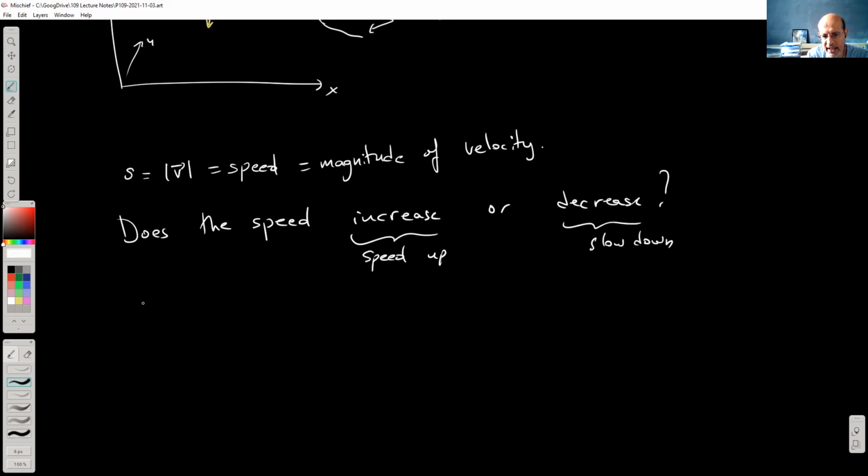In any case, there's this kind of a thing here. It appears that if the angle between the velocity and the acceleration is less than 90 degrees, I'll show this later, then the speed increases, so the object speeds up in a way. On the other hand, if the angle between them is bigger than 90 degrees, right?